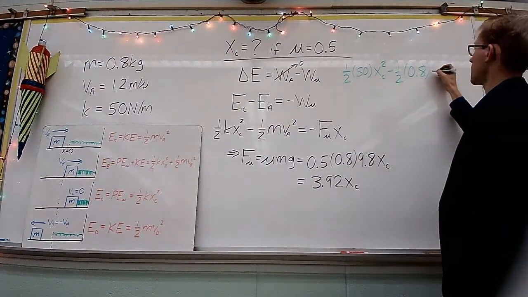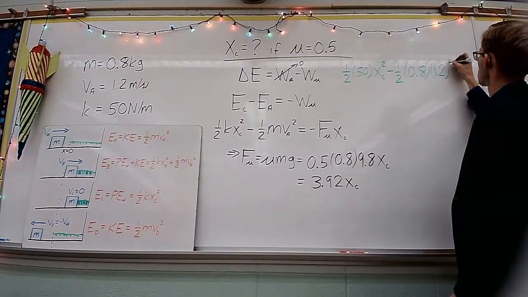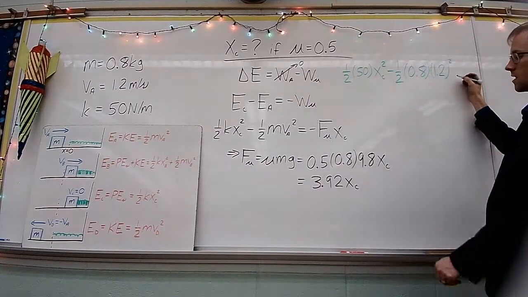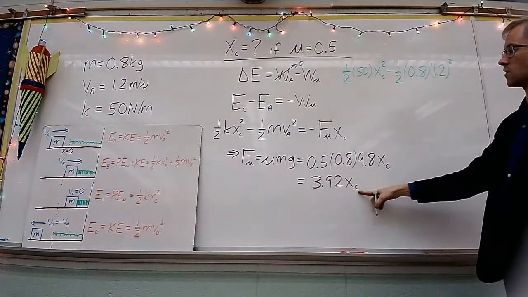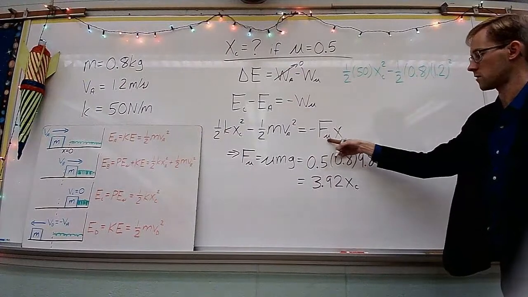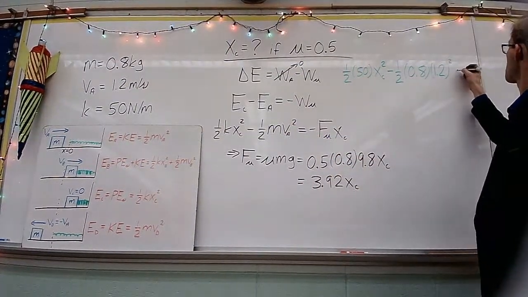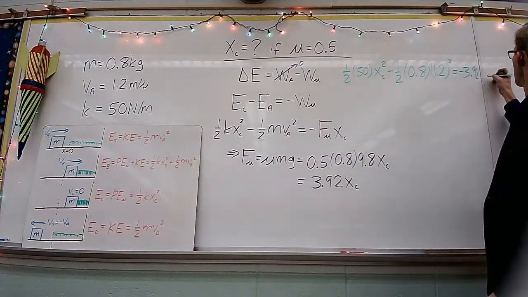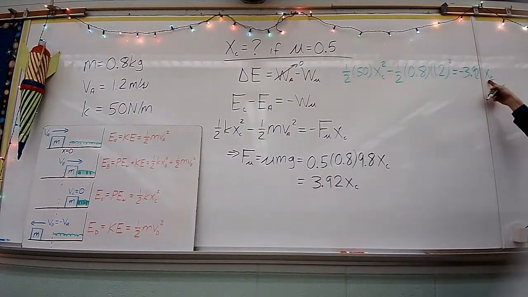And that original velocity is still 1.2. And that's going to be equal to negative 3.92, as I just calculated, force of friction here. So we got to make that negative now. Negative 3.92 times xc, if you can read that. I know that's a ways away.